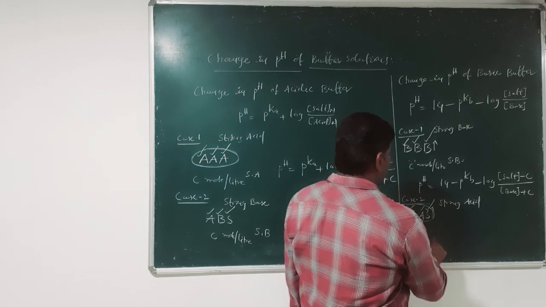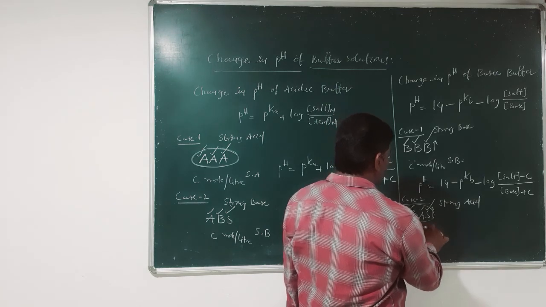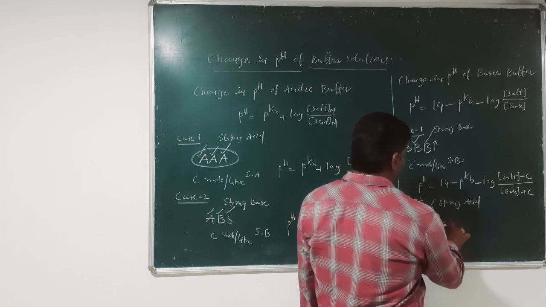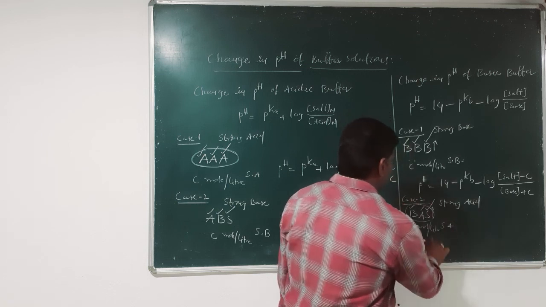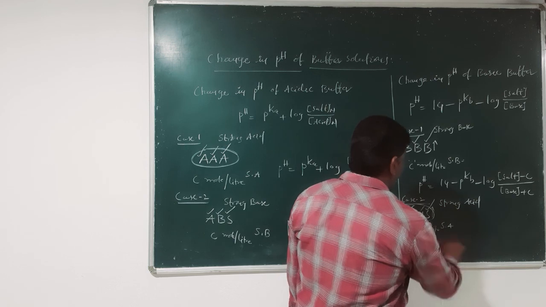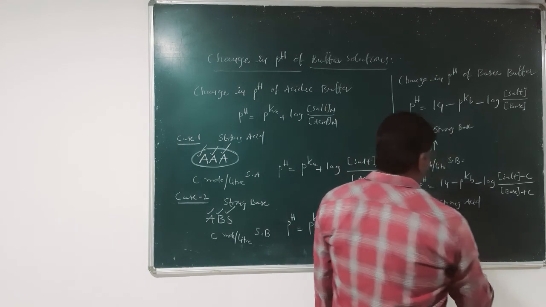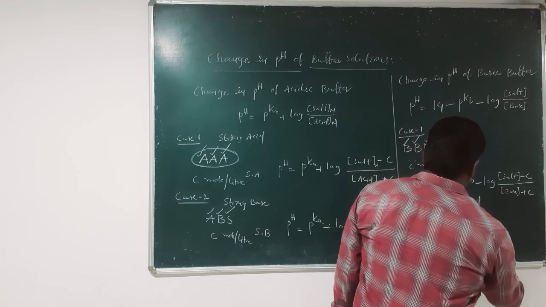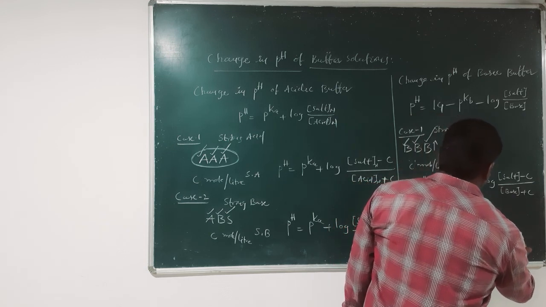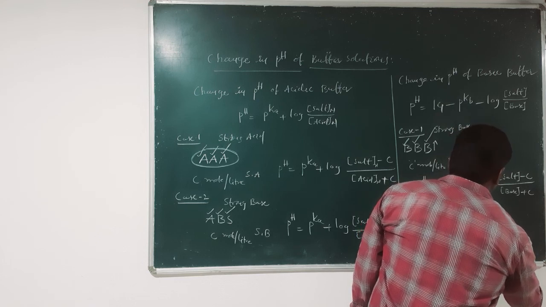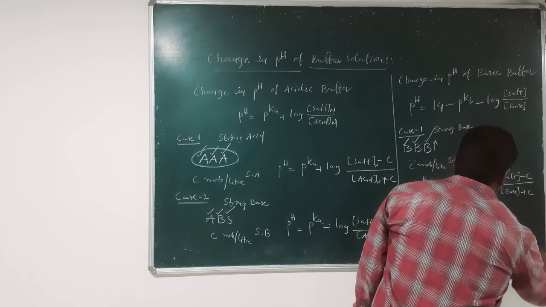So, if we add C moles per liter of strong acid, pH changes by pH is equal to 14 minus pKb minus log concentration of salt plus C by concentration of base minus C.